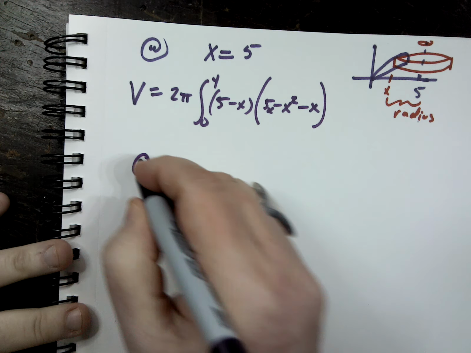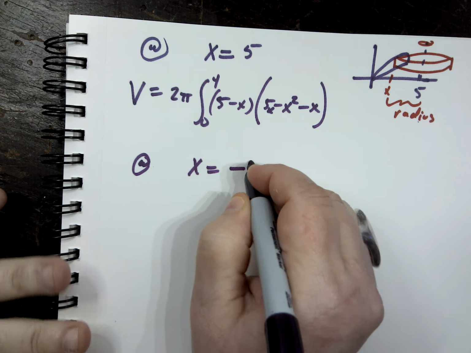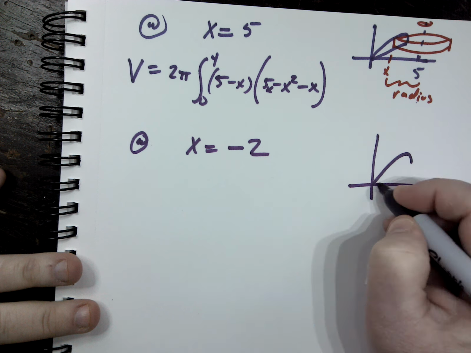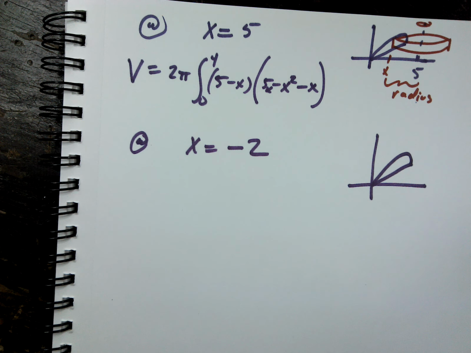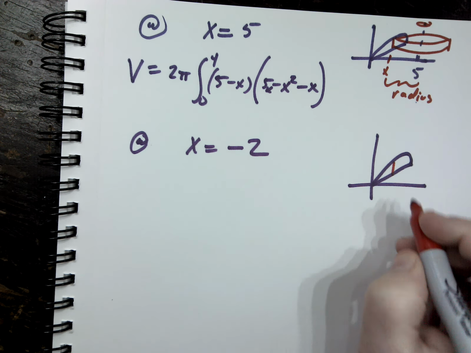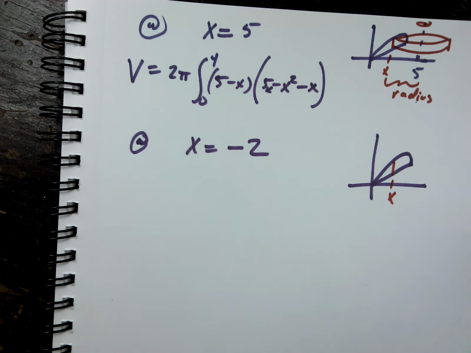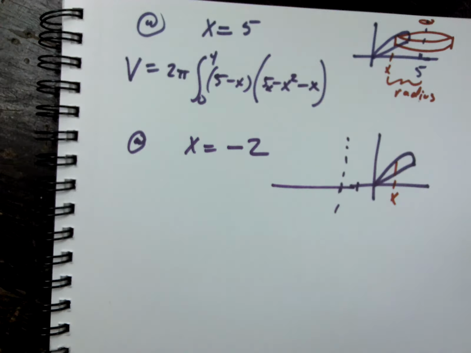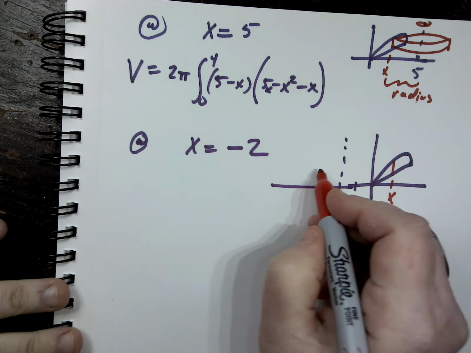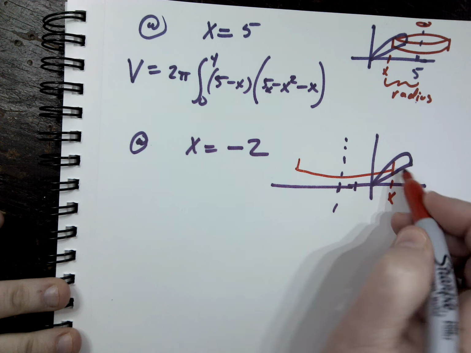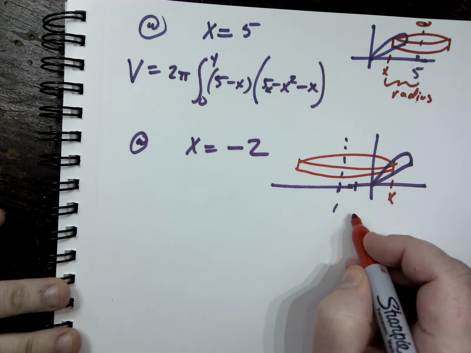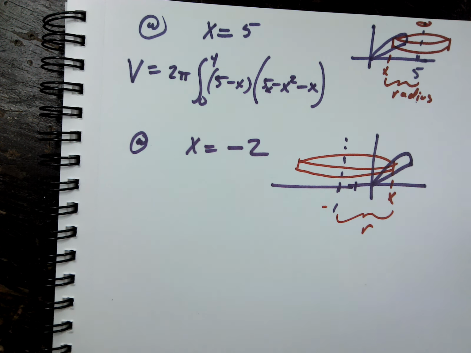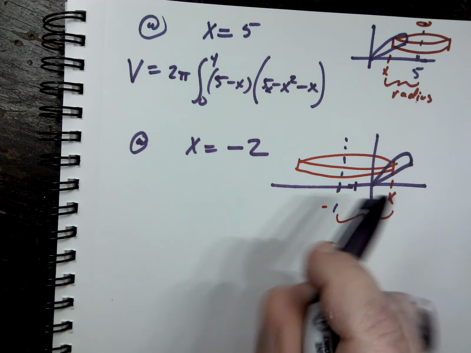What if I go around x equals -2, say? There's my same old, same old. I'm rotating it around this line, which means I have a ginormous cylinder, and that represents the radius.